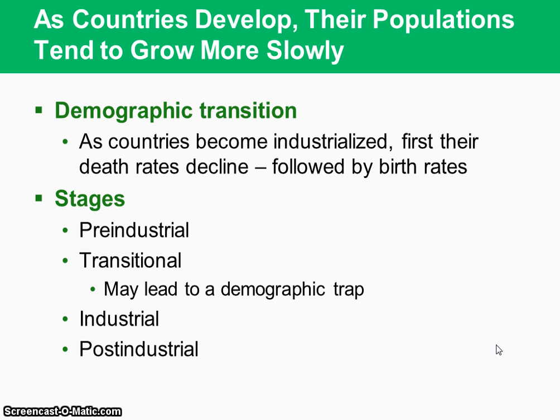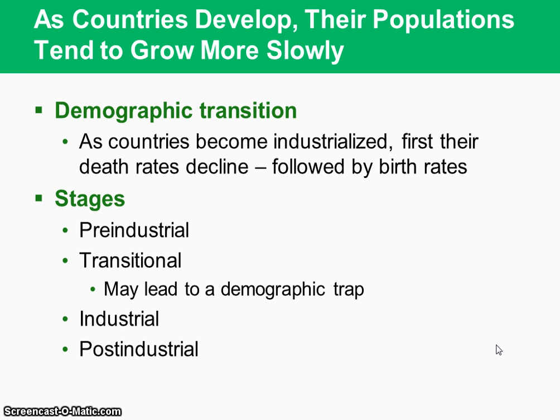The first stage is pre-industrial, then we go to transitional, industrial, and post-industrial. And most people have no problem getting these correct except for not remembering where transitional goes. And so we'll talk about that as we go forward. But obviously pre-industrial has to be the start, post-industrial has to be the end.